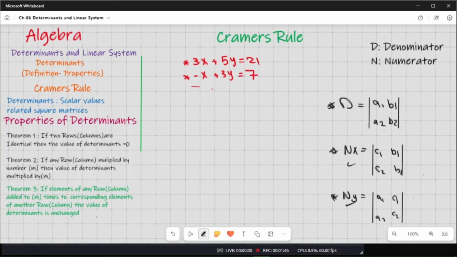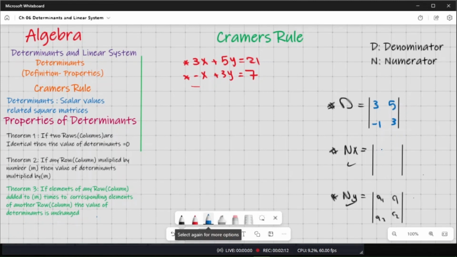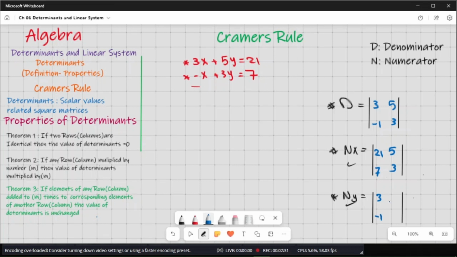So here d will be equal to the determinant 3, 5, negative 1, 3, and x will be equal to, replace the free terms 21, 7 by the coefficient of x, so 21, 5, 7, 3. For y, we have 3, negative 1, replace the coefficient of y by free terms, so we have 21 and 7.